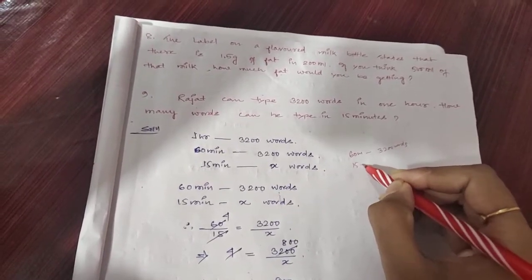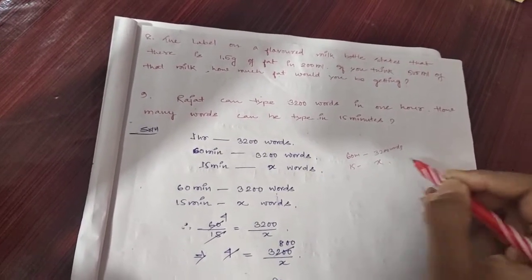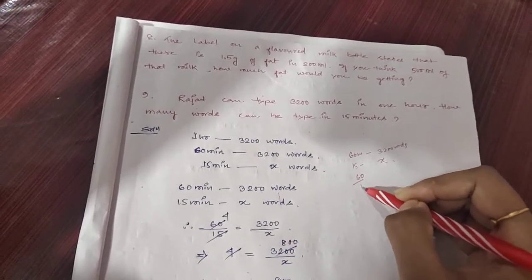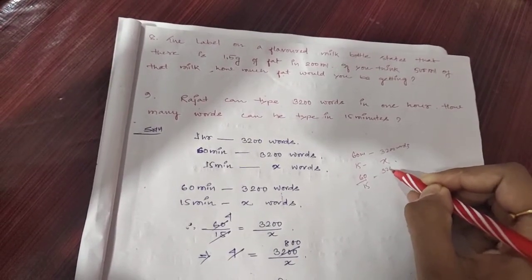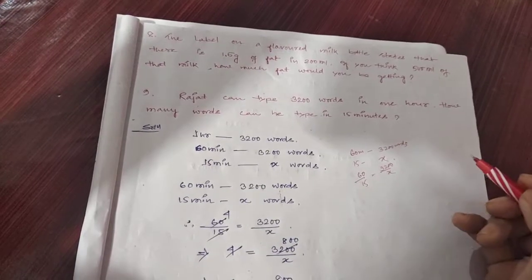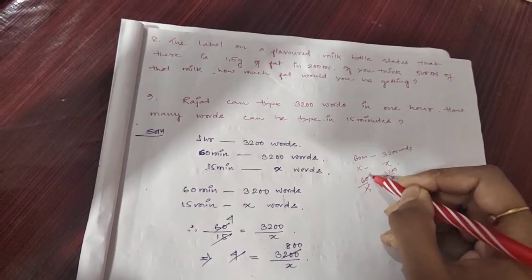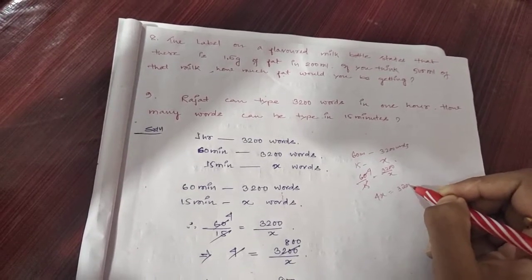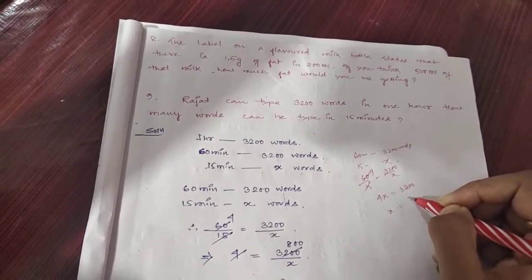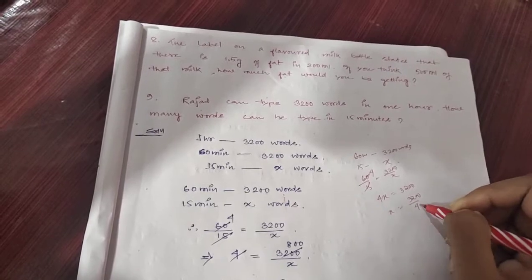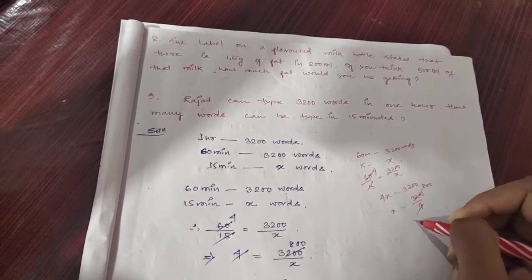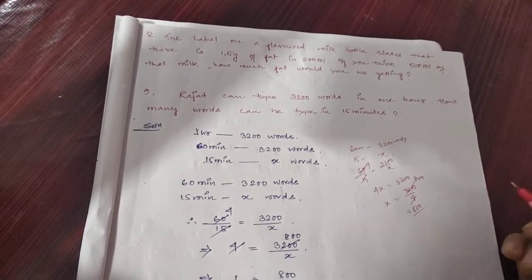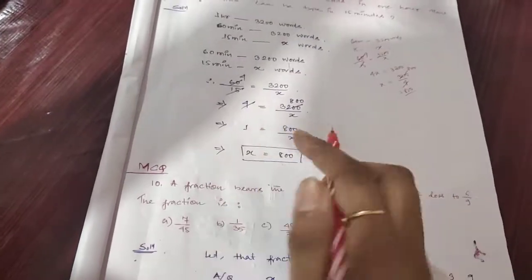So in 15 minutes how much will he type? Let it be X. So 60 by 15 is equal to 3200 by X. Do the cross multiplication. 4X is equal to 3200. X will be 3200 by 4, which is 800. So in 15 minutes he will type 800 words.